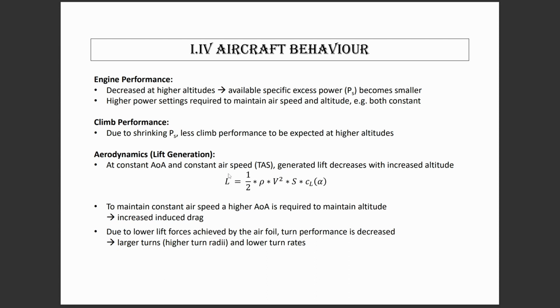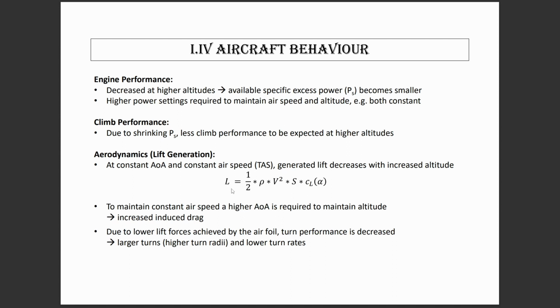If we look at our lift equation here, we can see that we have our dynamic pressure here. And as our dynamic pressure goes down, our generated lift will go down. Now we've already established if we fly at the same true airspeed at a lower altitude and a higher altitude, at the higher altitude we will have a smaller dynamic pressure and hence less lift available.